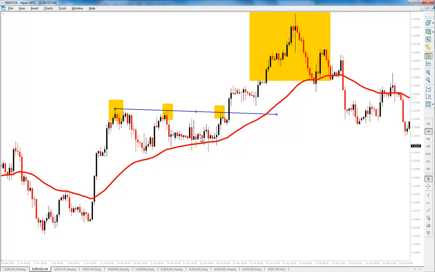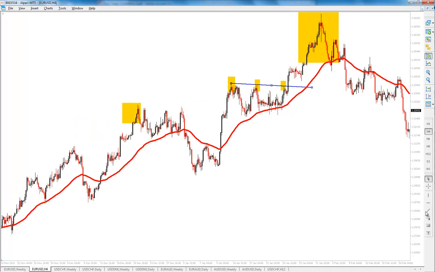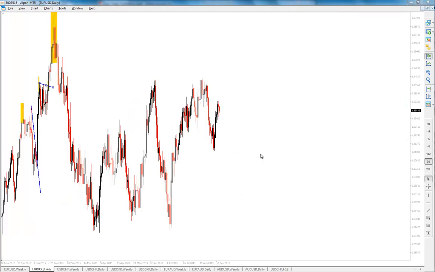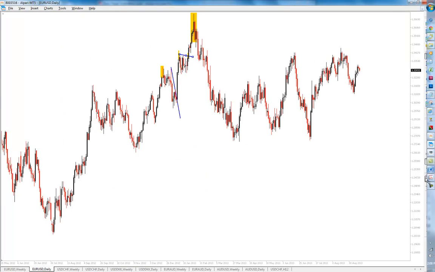So that's how I would be drawing trend lines based on these pivot points, these very distinct, definite highs and lows in the market. So yes, actually here we are. We just touched a little bit there on flags and trend line continuation breaks.